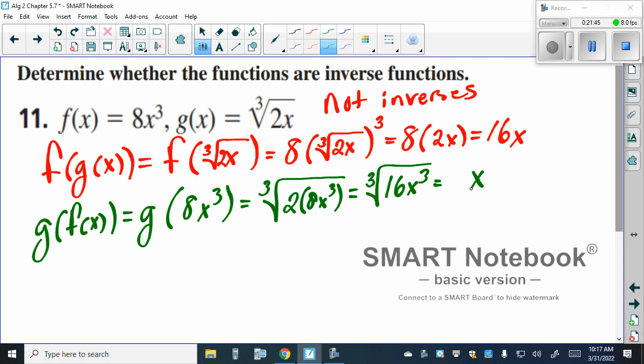That works out fine. Well, 16 is 2 to the 4th, which means I can bring one 2 out, but I'm still left with the cubed root of 2, because 16 is not a perfect cube. It's a perfect 4th power, because 2 to the 4th is 16. So these definitely don't give us the same thing.